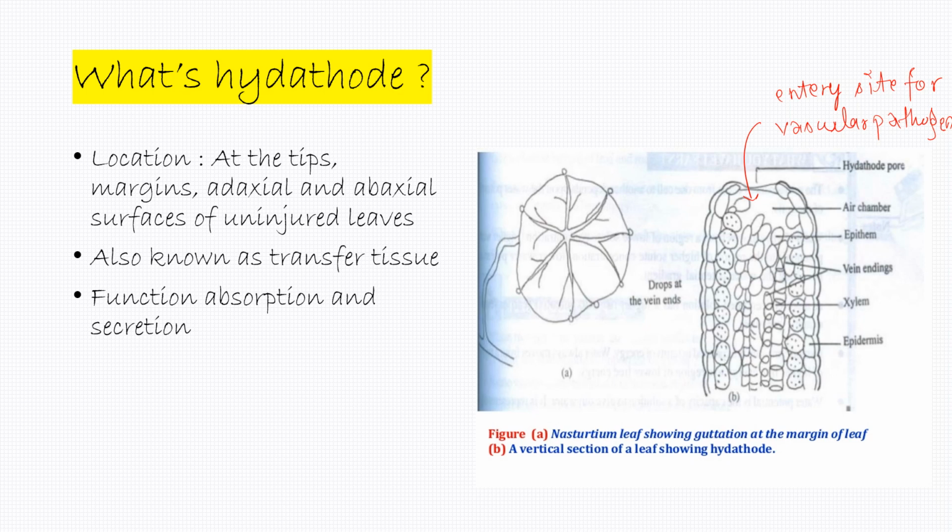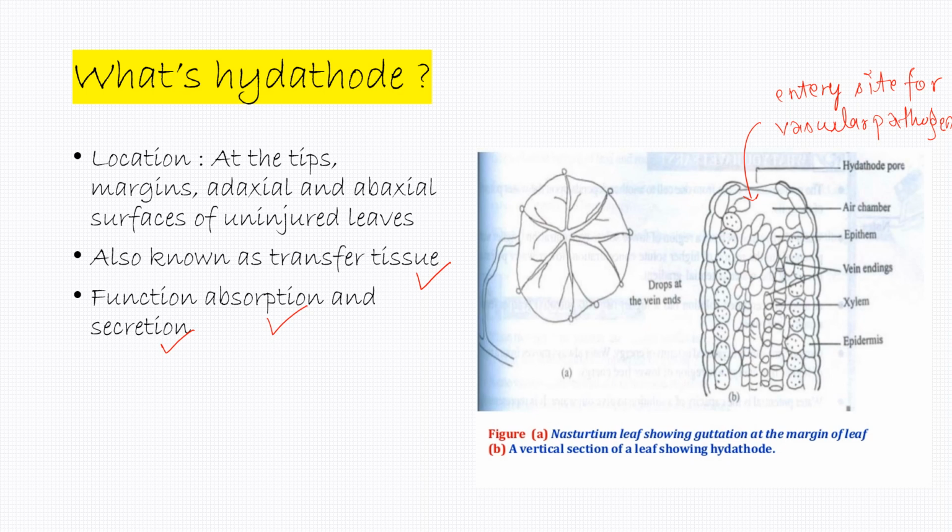Each hydathode, sometimes referred to as a transfer tissue, is made up of colorless cells and appears as a pore in the epidermis or epithelium that resembles stomata. The soft, thin-walled parenchymal cells without chloroplasts that make up the epithelium are engaged in secretion and absorption. Basically, hydathode functions are absorption and secretion.